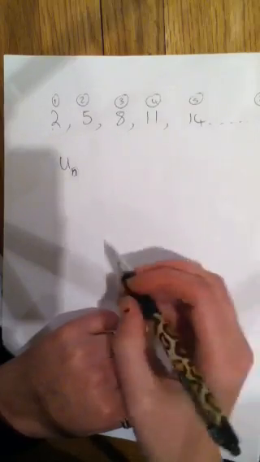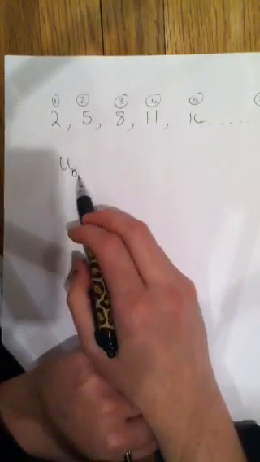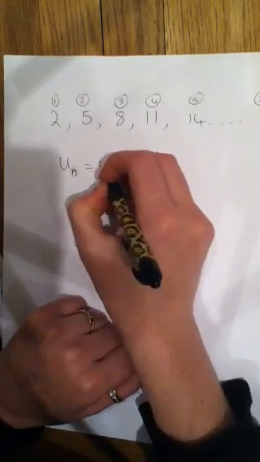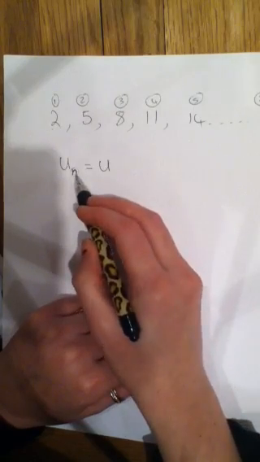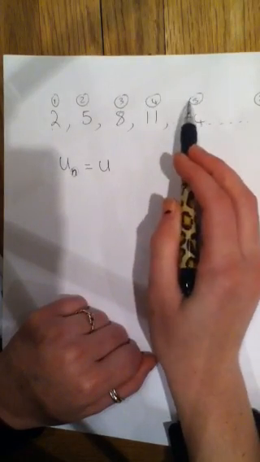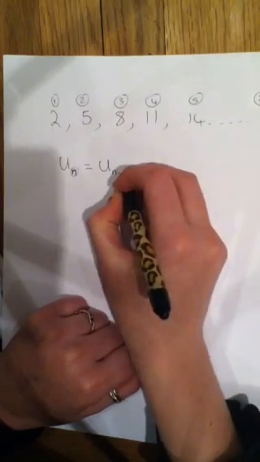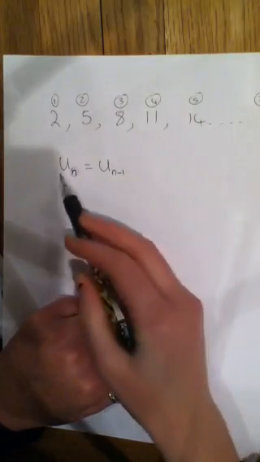So the way that we write that with algebra is that we say U_n, so that's the nth term, where N might be 4 or 3 or 2 or 5 or 20. That is equal to another term in the sequence, the one before it. So instead of N is 4, N is 5, it's the one before, so whatever N is, take away 1. Here, for example, you could have N is 3.